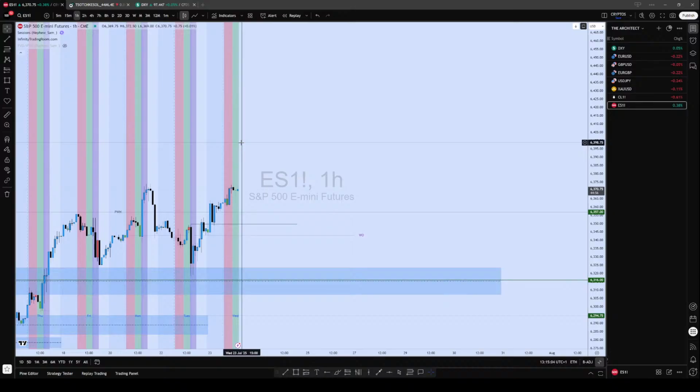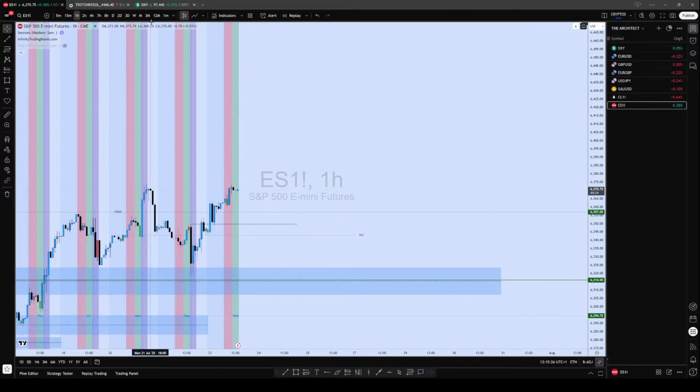All right, so that is that for the ES. So if we pull back, you're looking to buy to continue going up. If we expand up, then don't do anything, because you might be chasing price.